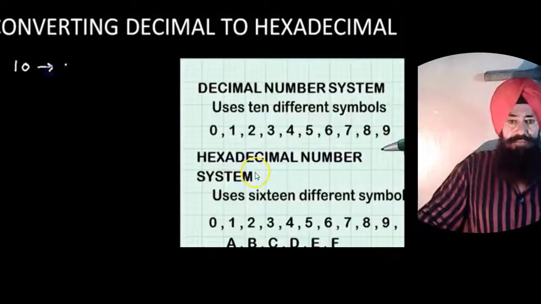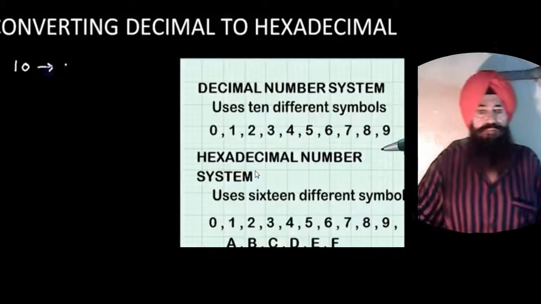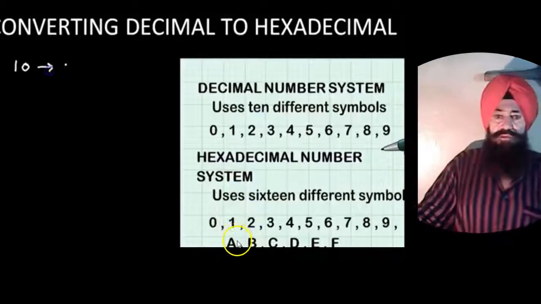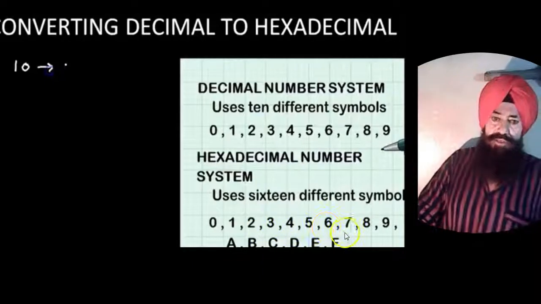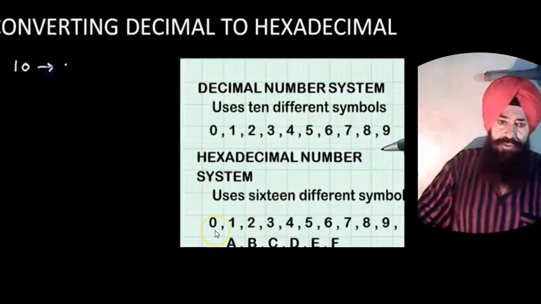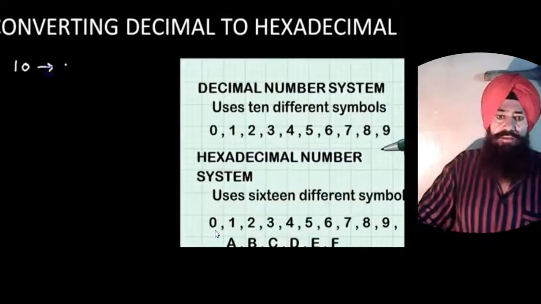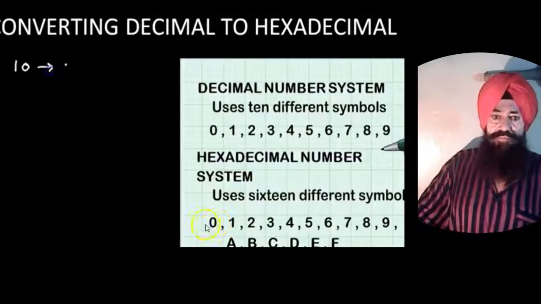In hexadecimal systems, we use 16 symbols: 0, 1, 2, 3, 4, 5, 6, 7, 8, 9. Now the total becomes 10 because 0 is included. Then 6 more.